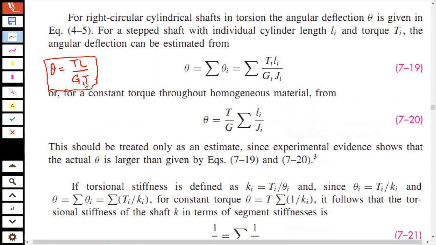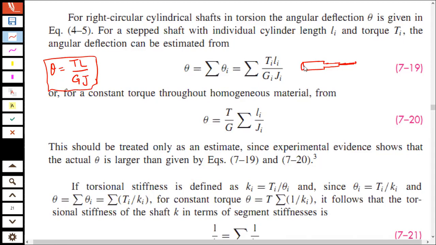From your torsion in solid mechanics, you know that theta is equal to TL by GJ. So, देखें, if we have different sections in a shaft, for example, this is one section in a shaft, another section in a shaft, and another section in a shaft.